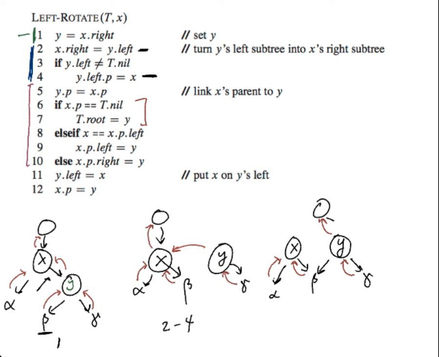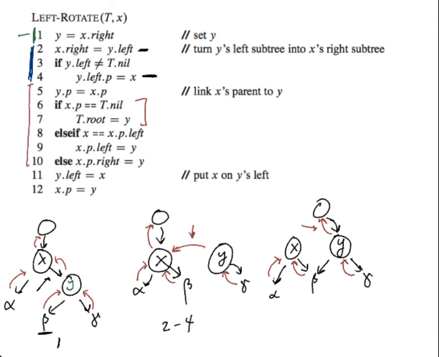It's ambiguous in this figure, so it's either the left or the right, and we're just going to point to y like that. So that's lines 8 through 10. Notice that y's parent pointer is no longer pointing to x. It's now pointing to its new parent. And now all we have to do is hook x up to y, hook x's parent.